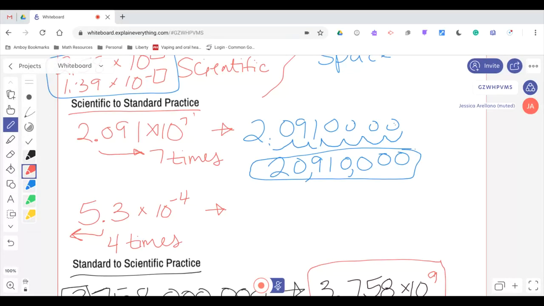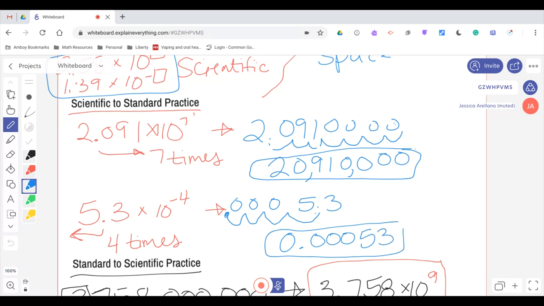So I'm going to have 5.3, and I'm going to move it 1, 2, 3, 4. Here's my new decimal. And again, I have to have zeros in those blank spaces. And because this is a decimal, I'm going to have a 0 in front of the decimal as well. So 3 decimal places, 5, 3.